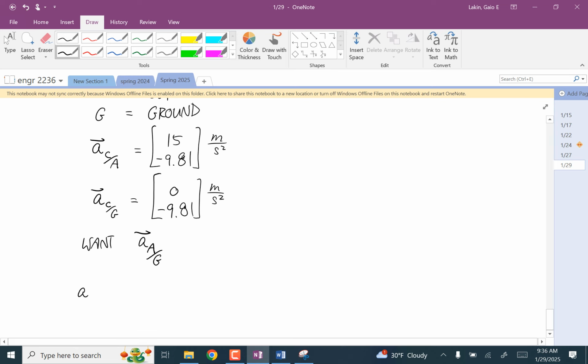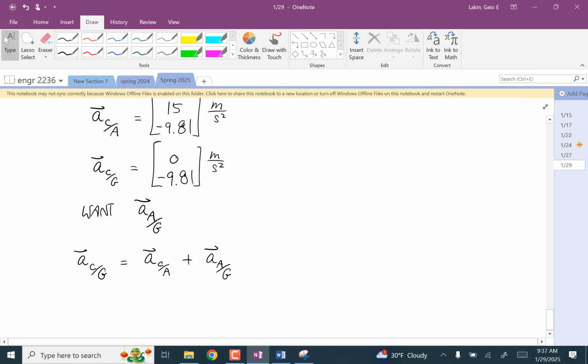The acceleration of the cup relative to the ground is equal to the acceleration of the cup relative to A plus the acceleration of A relative to the ground. And then fill in what you know and solve.